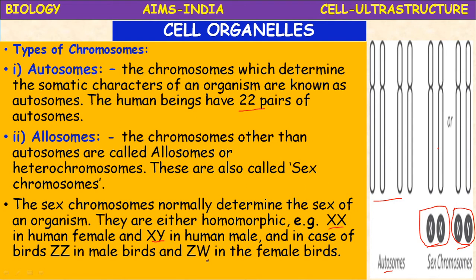In the human female, one pair, XX, represents the female human, and XY represents the male human. In birds, ZZ represents the male bird and ZW represents the female bird.